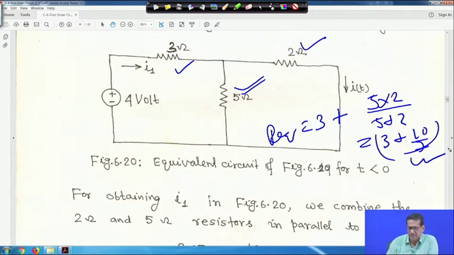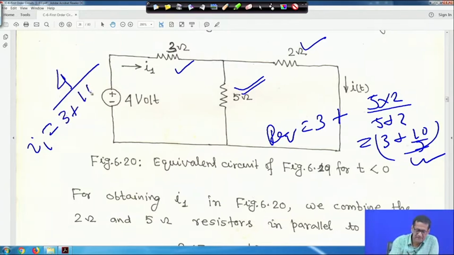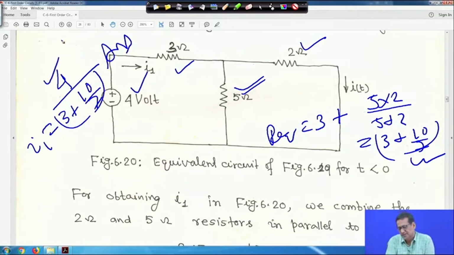This is R equivalent, and therefore I1 will be 4 divided by 3 plus 10 by 7 ampere, because this source is 4 volt.